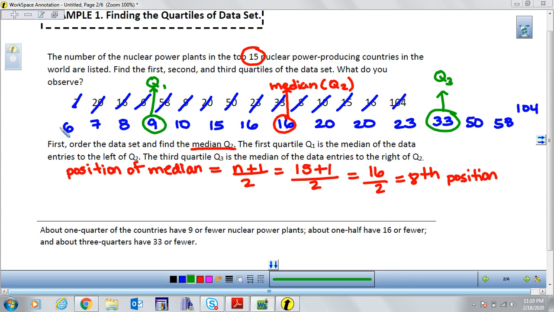It also says about 1/2, so up to the 16, because this is half of the values, about 1/2 have 16 or fewer, and about 3/4, this is the first quarter, second quarter, third quarter, so about 3/4 have 33 or fewer. Okay, so basically that's how you find your 3 quartiles.